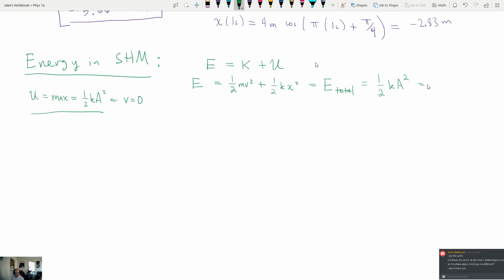Or we could write it as 1/2 m times v max squared. But we know what v max is. V max is equal to A times omega. And if we plug that in here, you'll see that we get the same thing.